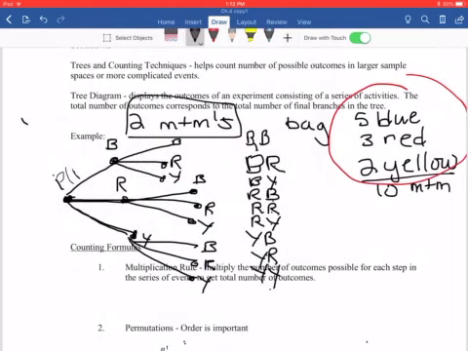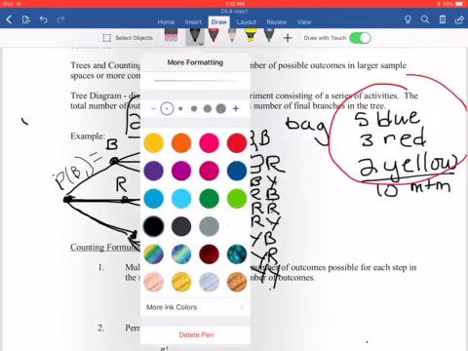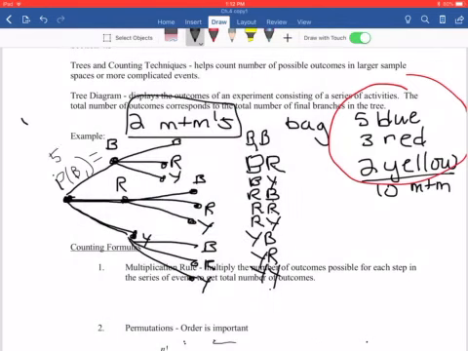Okay, what's my probability of getting a blue on the first draw? Well, I have 5 out of 10 M&Ms, or 5/10, right?